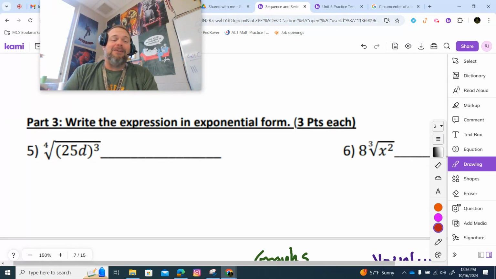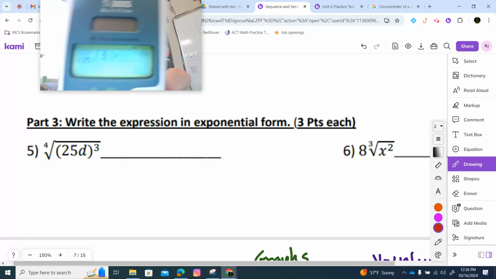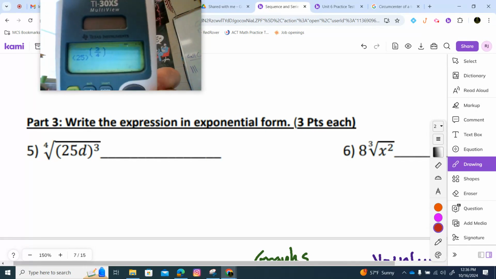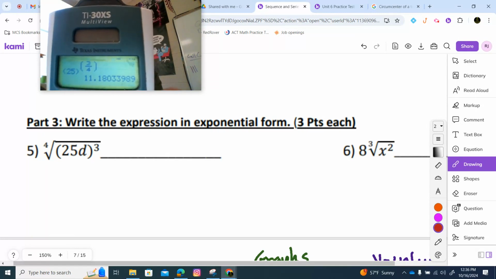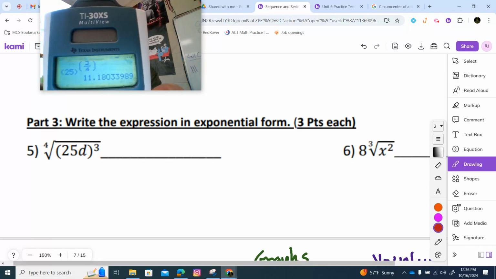On number 5, I want to check something before I wreck something. I'm gonna check this right quick, just in case, because Mr. Jeffries does stuff and he forgets about it. Okay, I get a decimal.